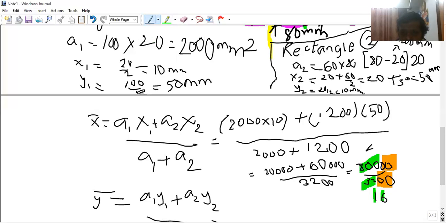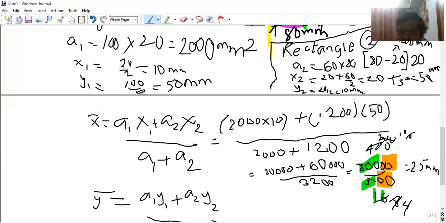You know the calculations, right, students? So that will be again, you can say 2 8s are and 2 200s are. So that will be 2 4s are, and this will be 2 hundreds are. And you know that 100 ones are 125. So x bar is 25 mm.